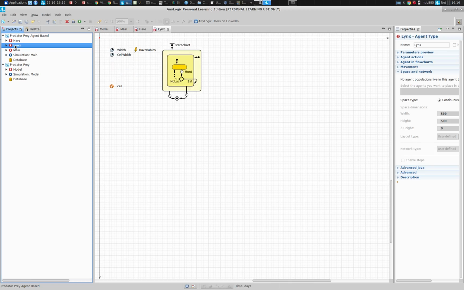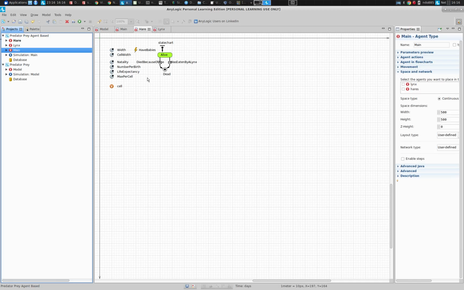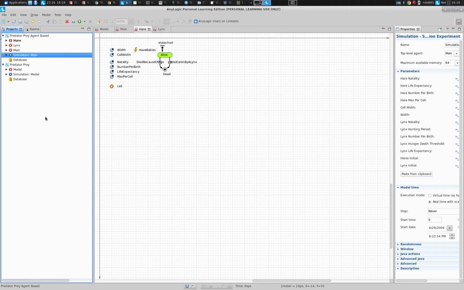A lynx life cycle is slightly more complicated. They go hunting, and if they're unsuccessful, they die. For a hare, it's a more basic matter of survival. They die because of old age, or they die because of lynxes, and they have babies in the meantime. Okay?